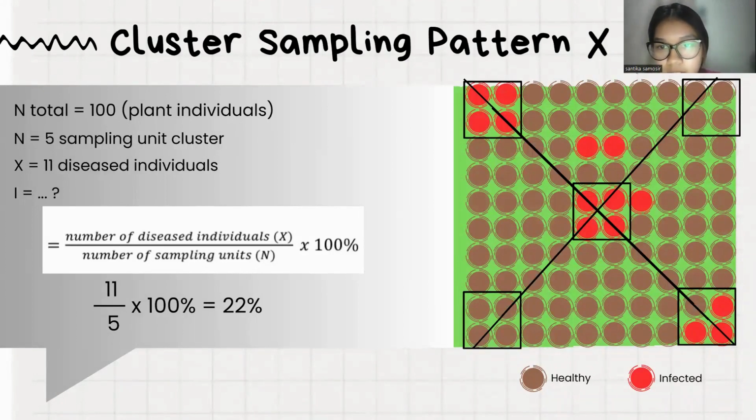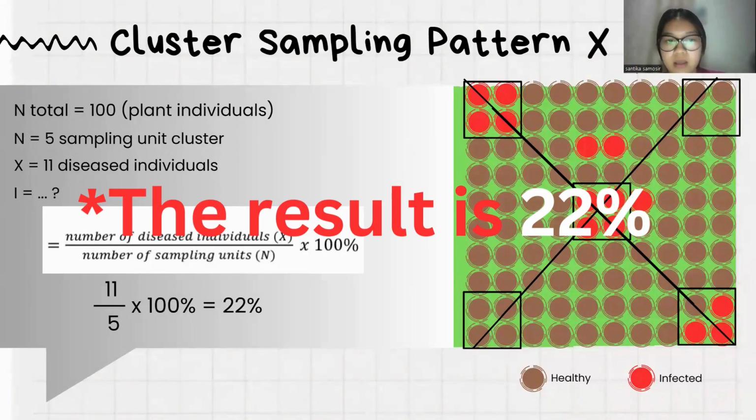In the first cluster, we found that 4 individuals are diseased, and in the second cluster, none of them is diseased, and in the middle, all of them are diseased, and in the fourth, none of them are diseased, and in the last, 3 of them are diseased. So we found that the number of diseased individuals is 11, and the number of sampling unit clusters is 5, so 11 divided by 5 multiplied by 100%, and the result is 20%.